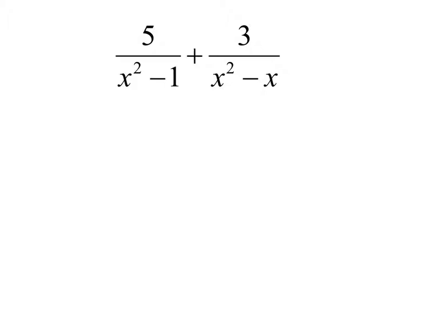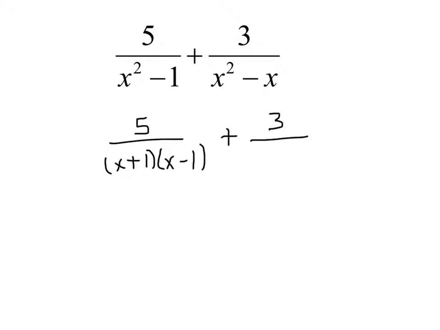We need to find the least common multiple of these denominators, so we need to factor them. So we have 5 over x plus 1, x minus 1, plus 3 over, can you factor this?